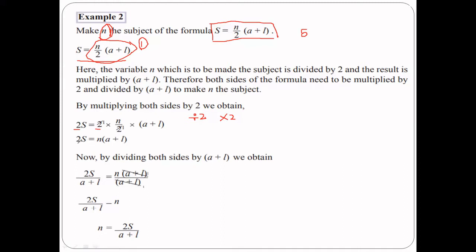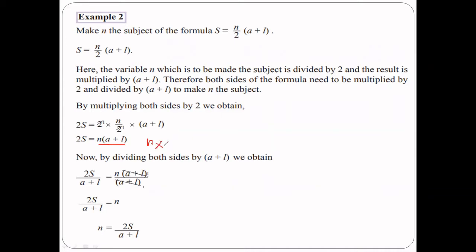Now how to remove this? Now we want to remove this part. This is a combined term. Still 2s equals n brackets a plus L. n brackets a plus L means in between this n and bracket, there's a multiplication sign.